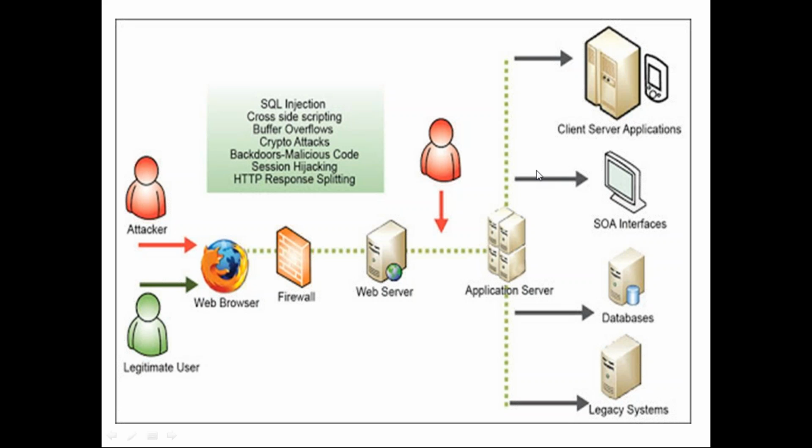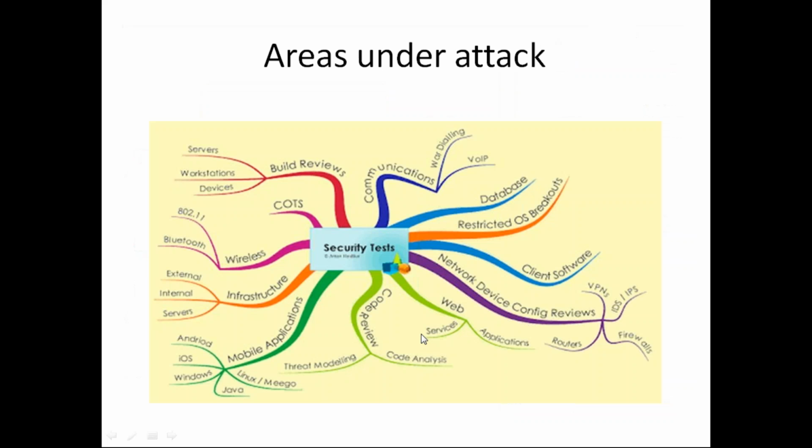Okay. Now, coming back. So if you know the entire architecture, okay, now the focus for all of us is, with a lot of systems that are coming into the picture, every area that is present in the IT industry can come under attack.